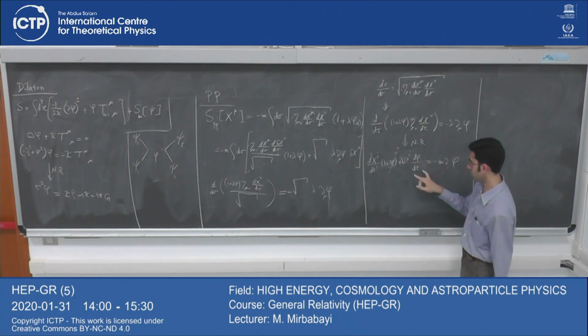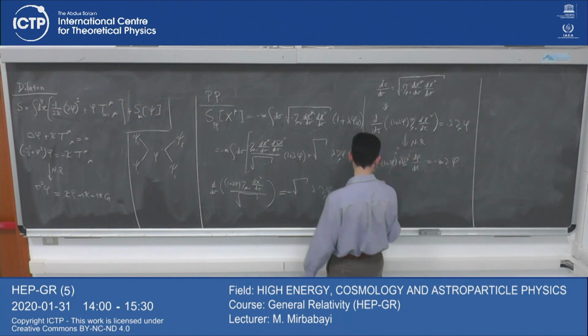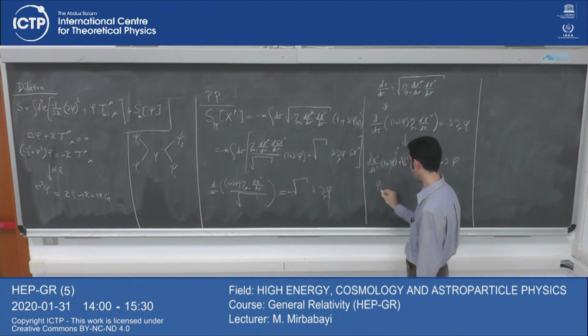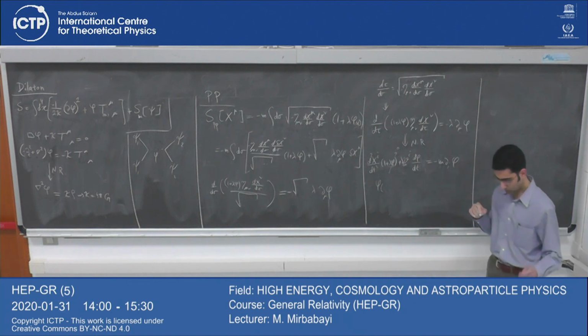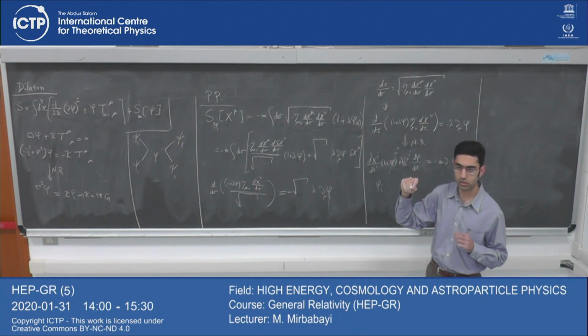Here, it is a different term compared to that, but it is suppressed by the velocity, and now here I have a time derivative. Now this time derivative you should be a bit careful about. If you remember, phi is evaluated on the trajectory of the particle.